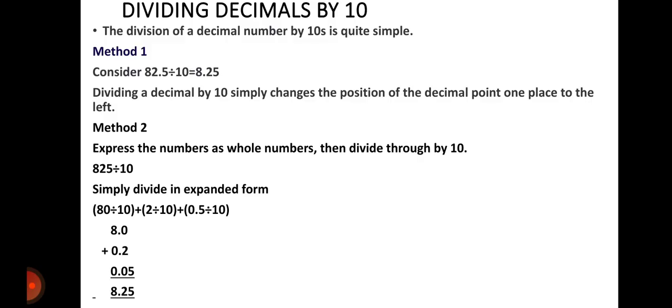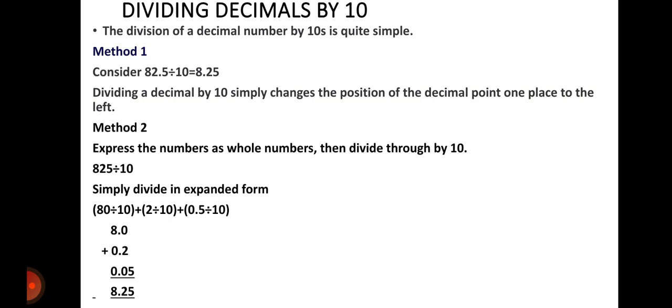Now, as we are moving, we're going to see how we can divide decimals by 10, because this is our main topic, dividing decimals by 10. We know that whenever we divide any whole number by 10, it moves the decimal point depending on the number of zeros.